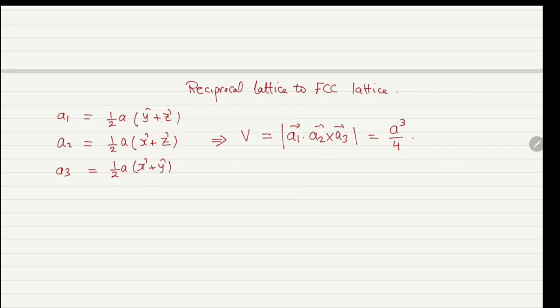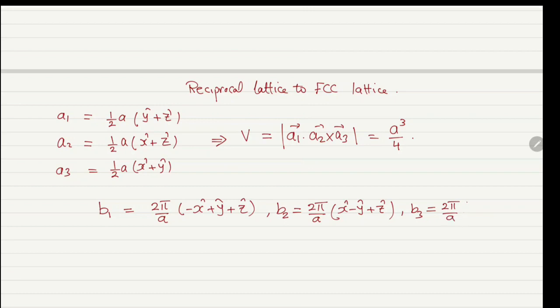Now use these vectors to find b1, which is equal to 2 pi over a (minus x hat plus y hat plus z hat), and b2 equal to 2 pi over a (x hat minus y hat plus z hat), and b3 equal to 2 pi over a (x hat plus y hat minus z hat).